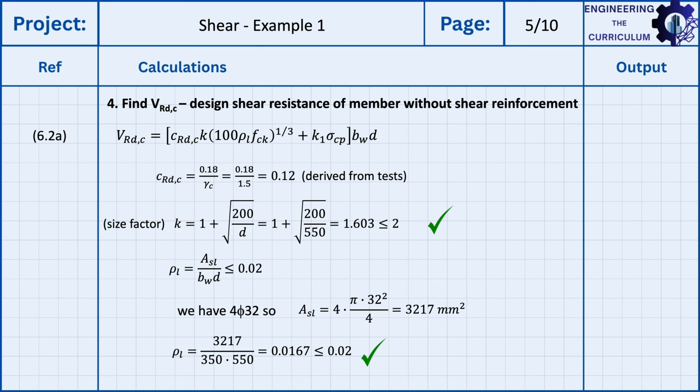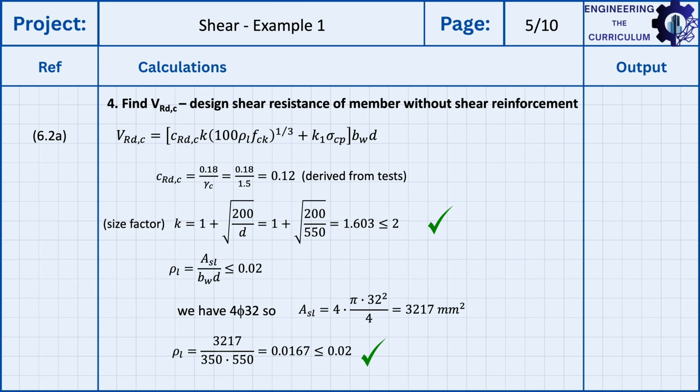We also need to calculate rho L, which is the reinforcement ratio for the longitudinal steel. Now, we need to calculate the area of that longitudinal steel. We have 4 bars of 32, so it is 4 times the area of 1 bar, and that works out as 3,217 millimeters square.